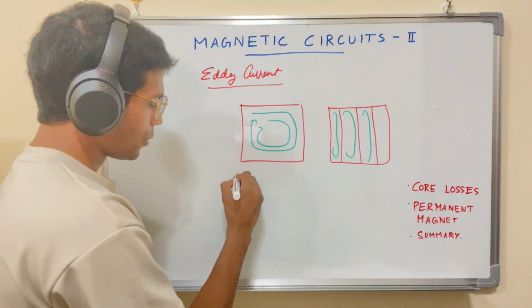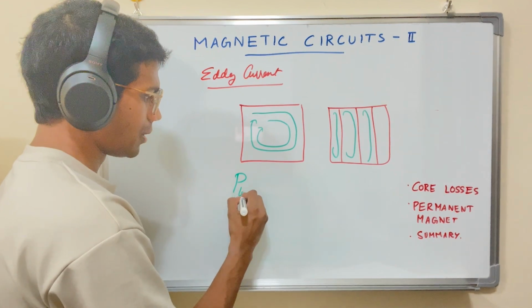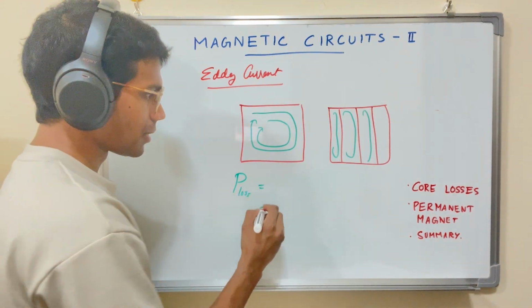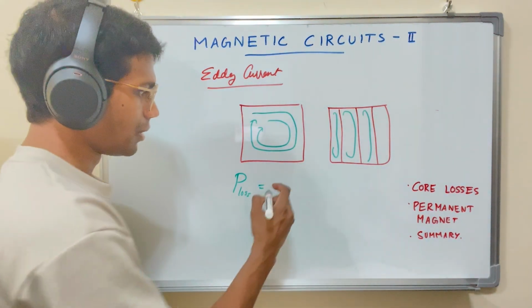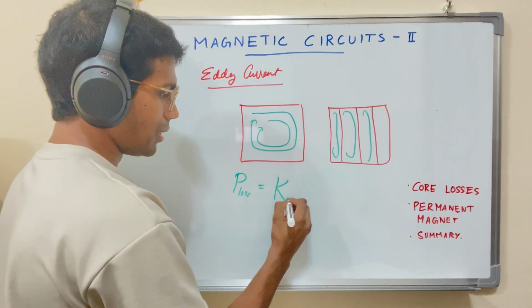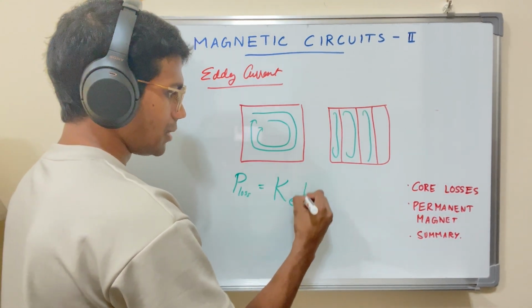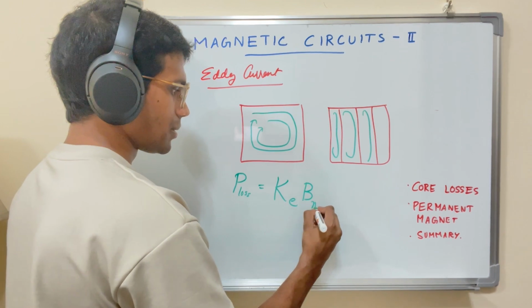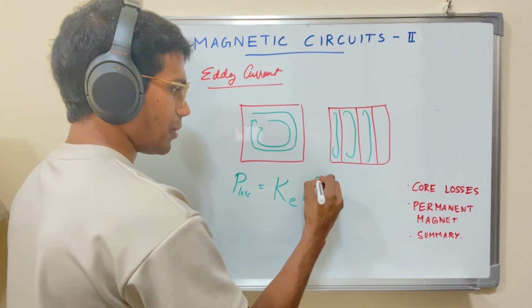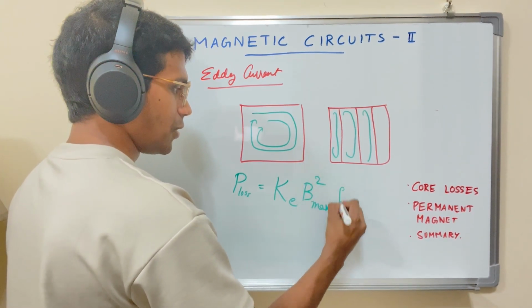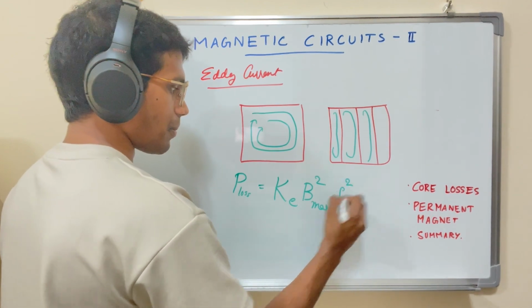Now the equation for the power loss due to eddy current is again similar to the previous one. It's the eddy current constant times B max to the power 2 times frequency to the power 2.